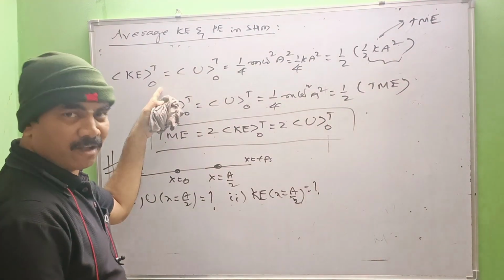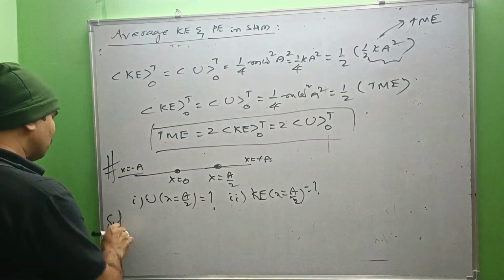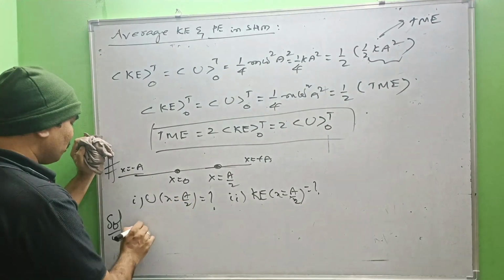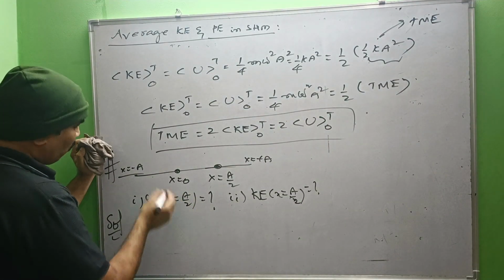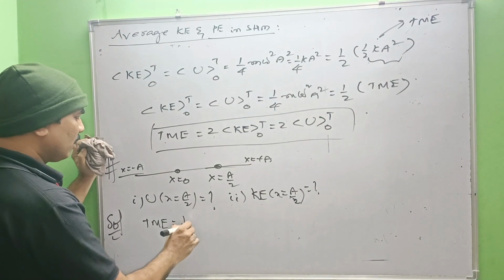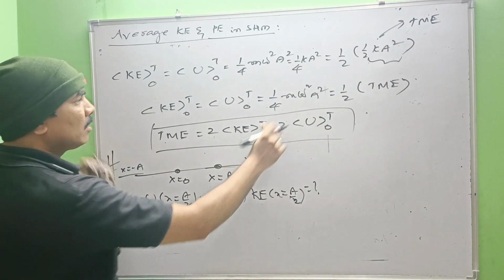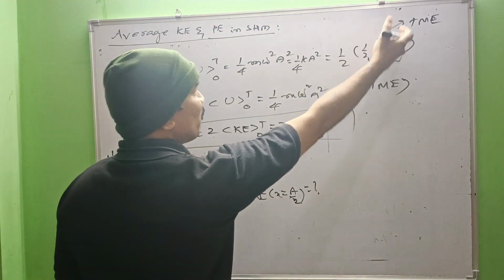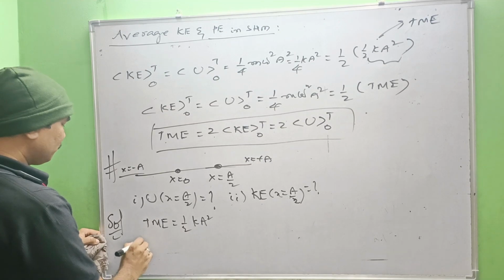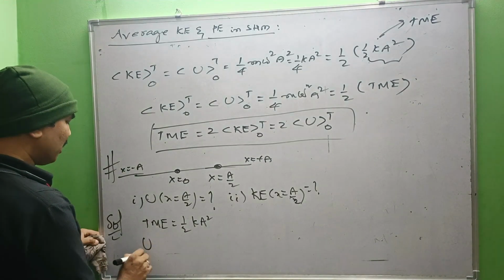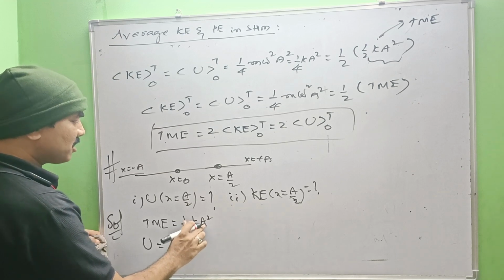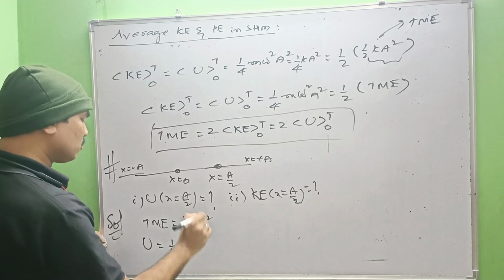Now, what is the expression for potential energy, not in average form? See the solution. We know that the total mechanical energy equals 1/2 k A square, otherwise 1/2 m omega square A square. Now, potential energy equals 1/2 k, taking x instead of A, that is 1/2 k x square.